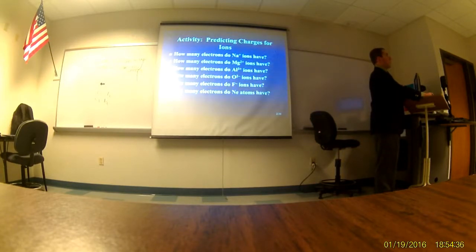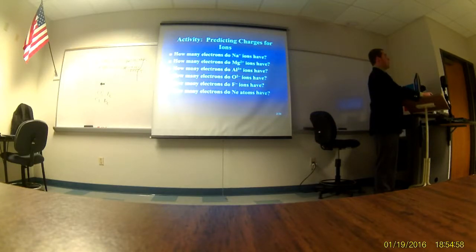What about aluminum? 10. These here, in this group, are going to lose 3 to go backwards. So aluminum is going to lose 1, 2, 3 to get back to neon.